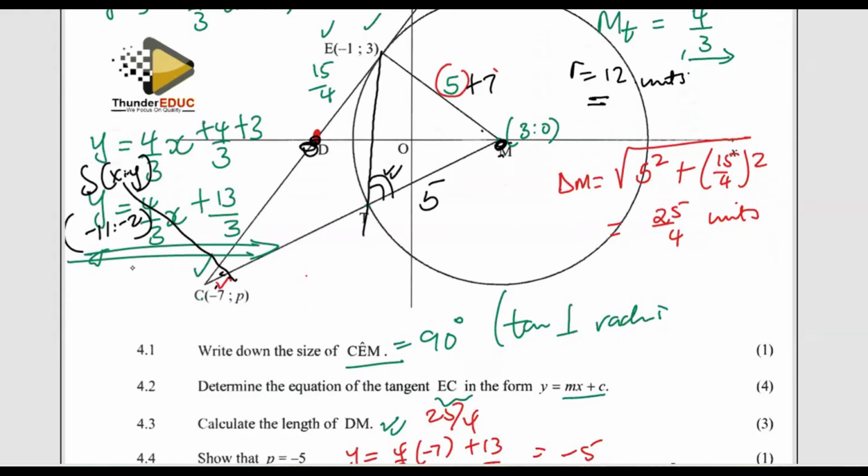Because we know this is a 90, which is fine. But does it help here? Guys, help, please. If I use the... Okay, I could use the distance formula.